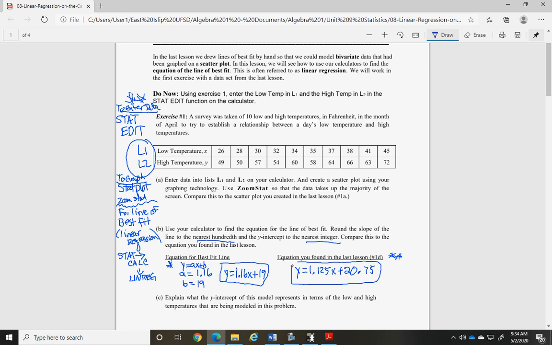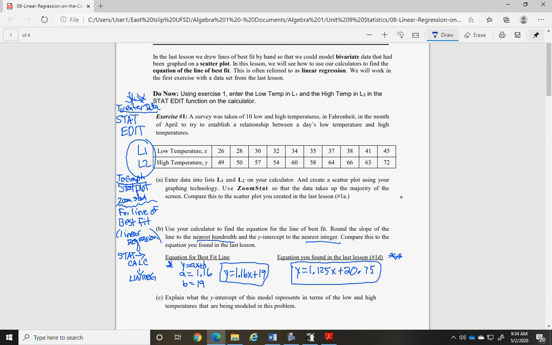They're not identical, and we talked about in lesson 7 that when you draw a line of best fit, your line of best fit will definitely be different than someone else's line of best fit, but both of them are probably acceptable as long as you follow the rule of drawing the line that follows the path of the points, so that about half the points are above the line and half the points are below the line.